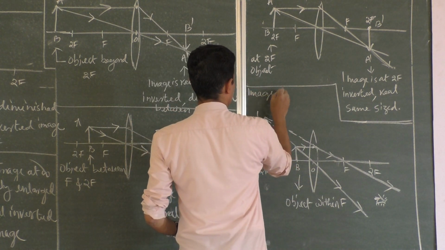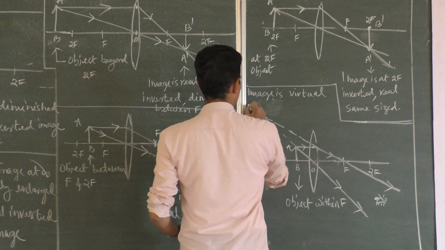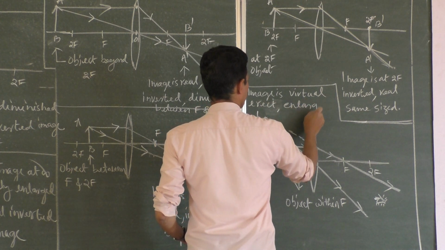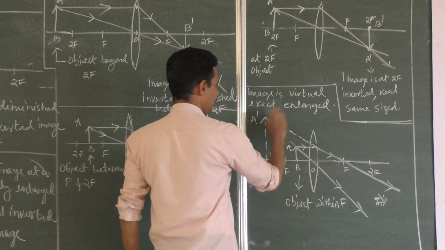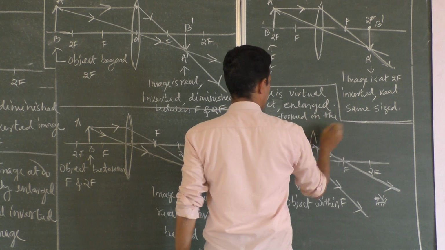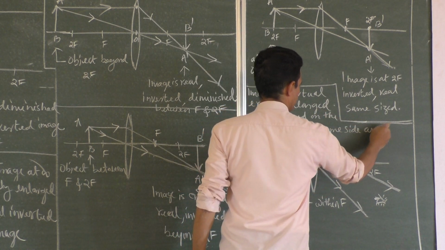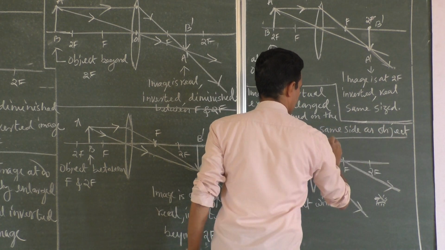The image is virtual, erect, enlarged. Virtual, erect and enlarged, formed on the same side as the object. Now, this is the special case of a convex lens.